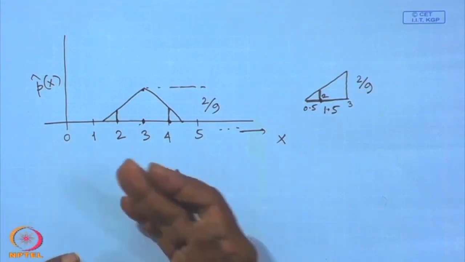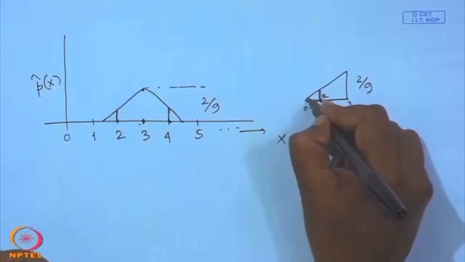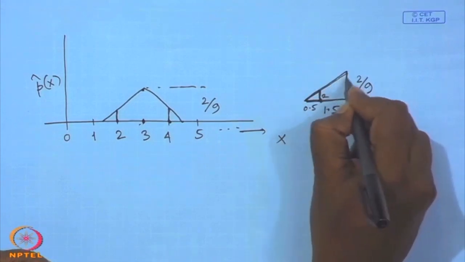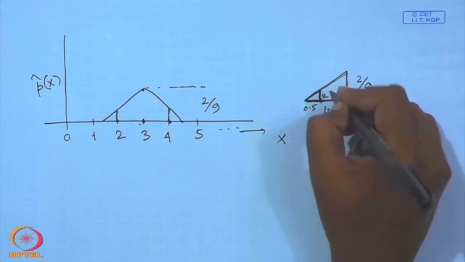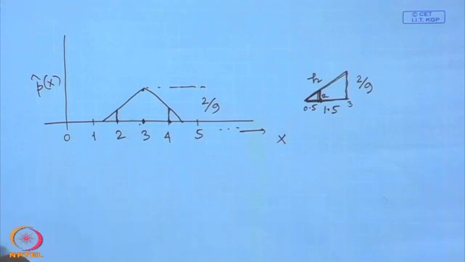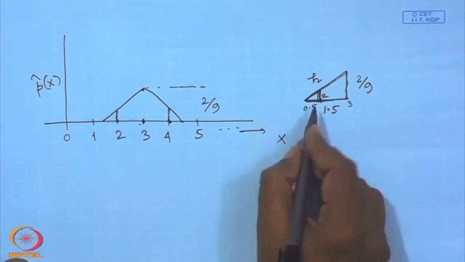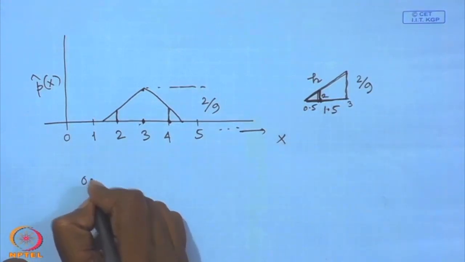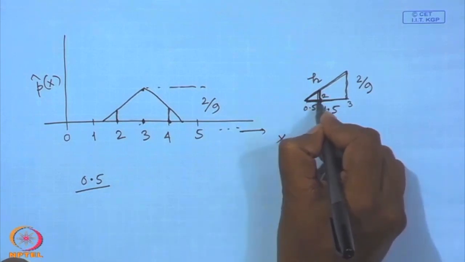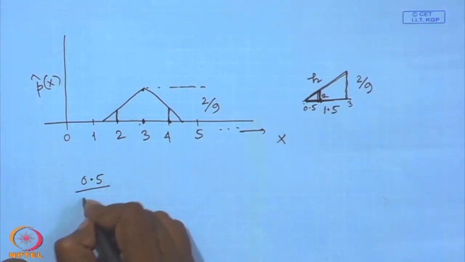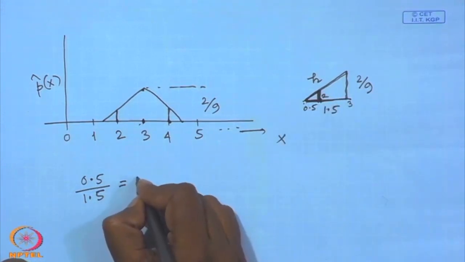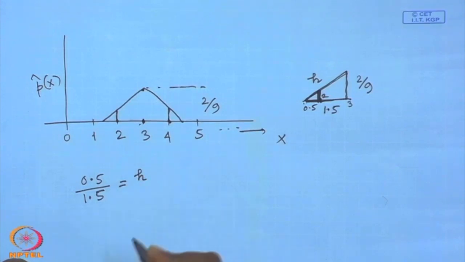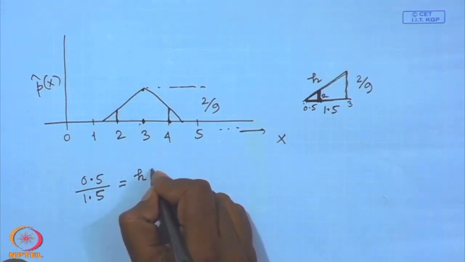Now, following the properties of the symmetrical triangle, you find that I get two triangles over here, one triangle is this and one triangle is this, and these triangles are symmetrical. So, if this height is h, I can immediately say that 0.5 upon 1.5 is equal to h upon 2 by 9.